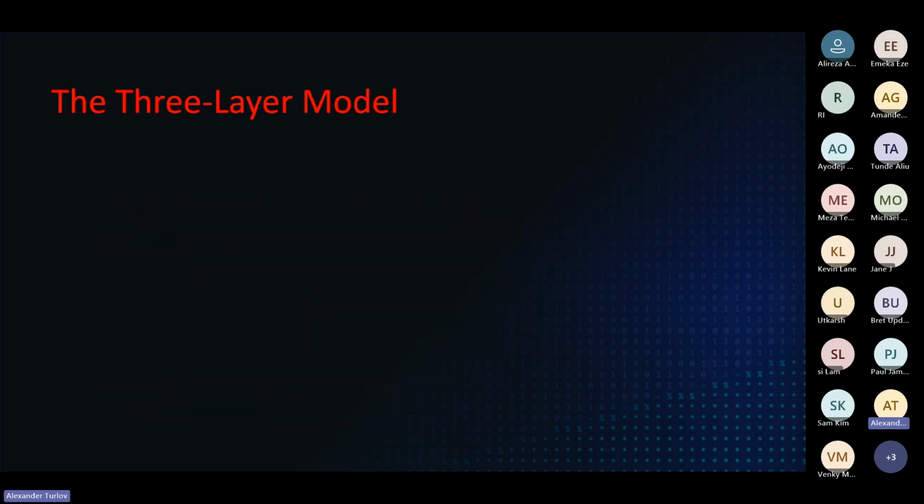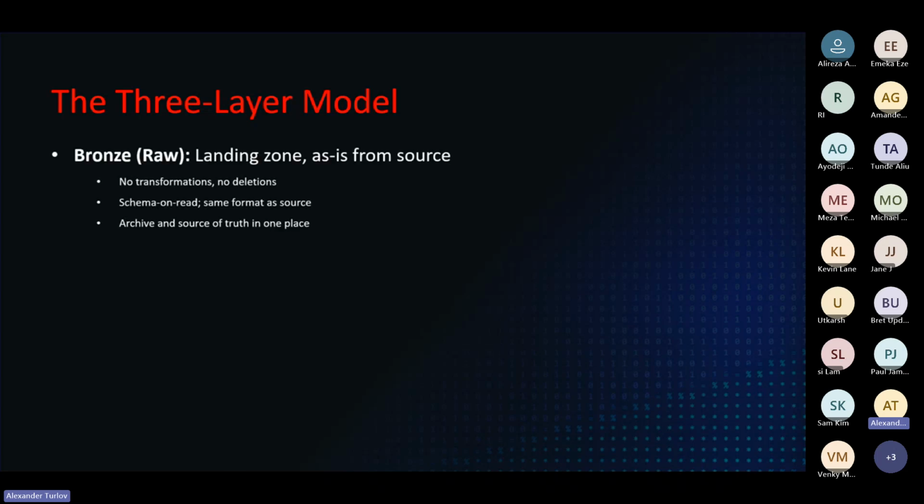Now, the key of the medallion is the layering model. I know it's not a good joke, but when it's cold, we wear layers, and we use the concept of layers all the time. The very first layer of the medallion is called the raw layer or the bronze layer. It's a landing zone, which is what the data swamp started from, when everybody was throwing their data on it.